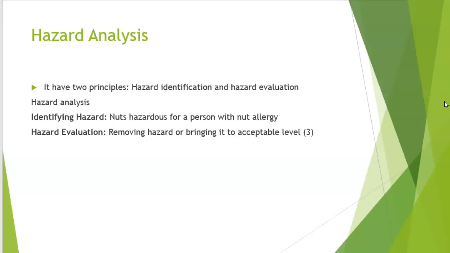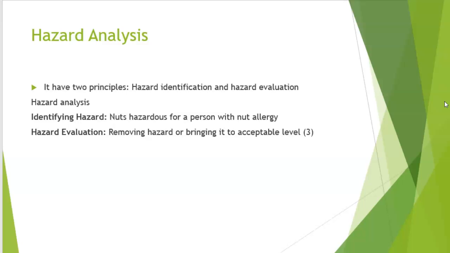First one is hazard identification, to identify what the hazard is in this kind of food. Like meat is proteinaceous, so there can be microbes, or in eggs, there can be microbes, or in some cases a risk of parasites.